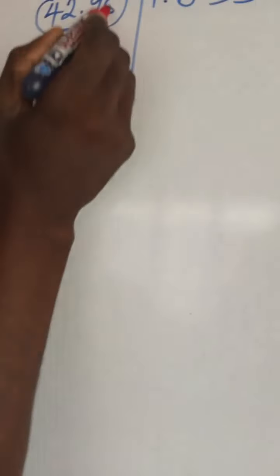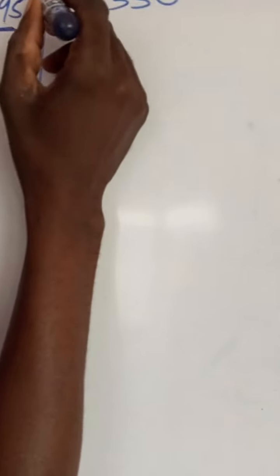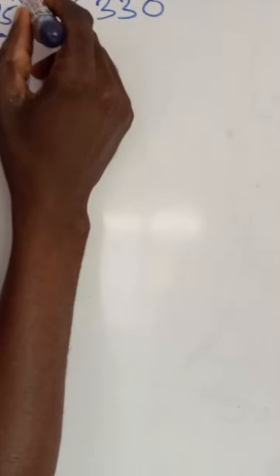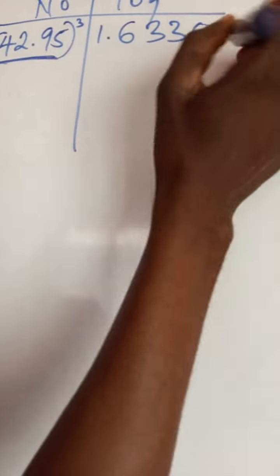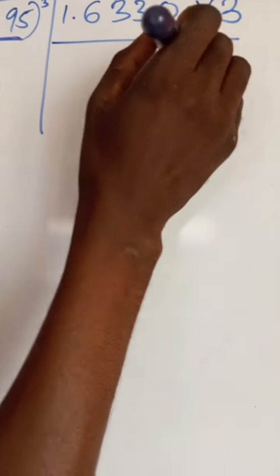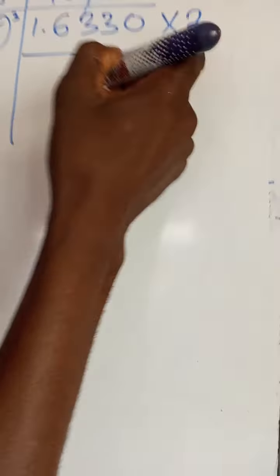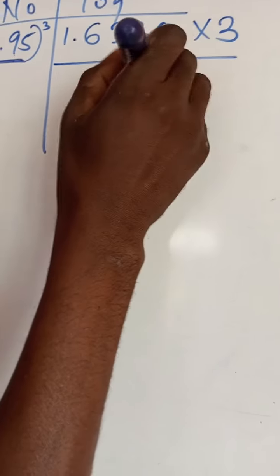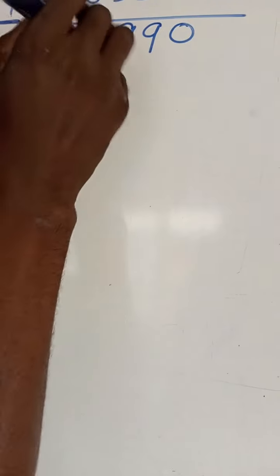Having gotten this, if you raise to a power, just multiply whatever you have gotten by 3. This multiplied by 3 gives 0, and this multiplied by 3 gives 9. We have another 9, and this one, 18. We take 1, 3, 4.